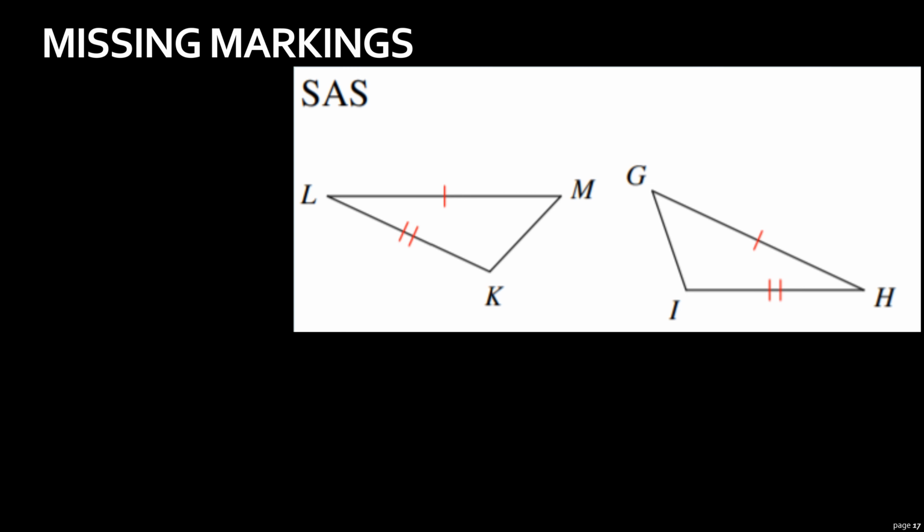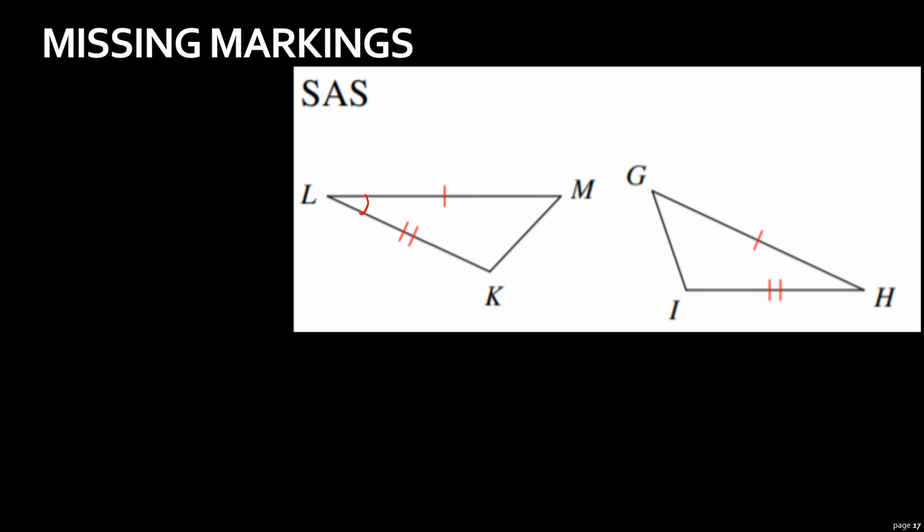So here, let's say I give you a few markings, but it's missing a marking. So let's suppose that these two triangles are going to be congruent by side, angle, side. So notice that the angle is between the two sides. So I want to make sure that I mark that on my diagram. So here I have the angle between these two sides.